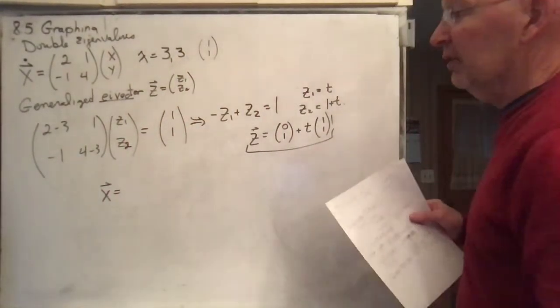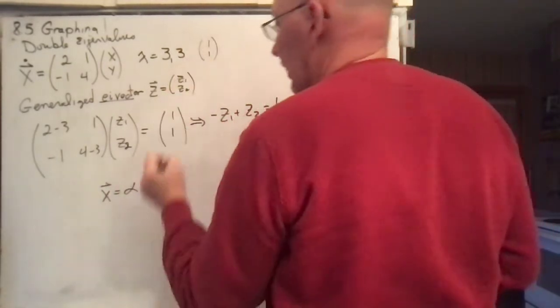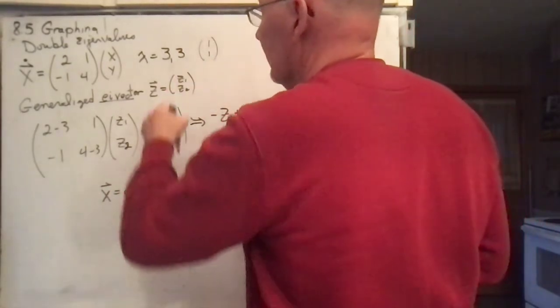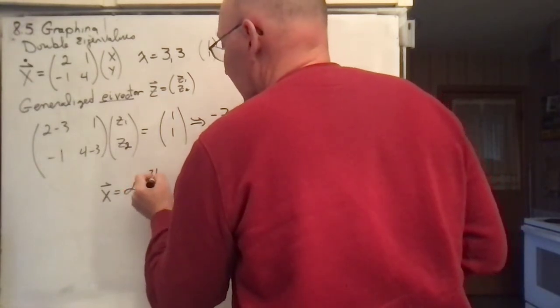And so here is the final result. It's going to be alpha times my first eigenvector that I found legitimately. And by the way, these both have to have an e to the 3t on them now.